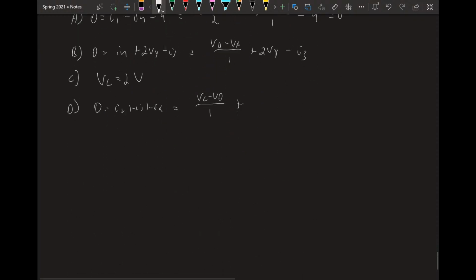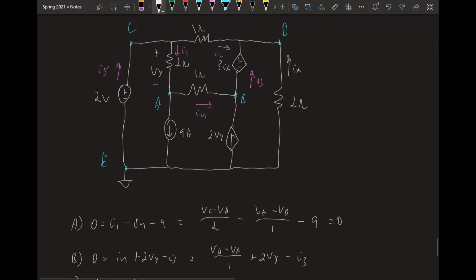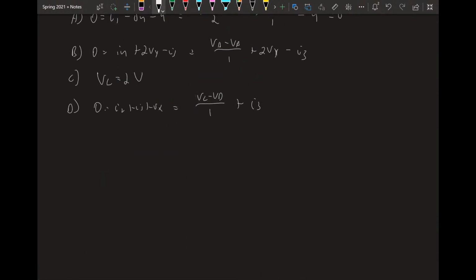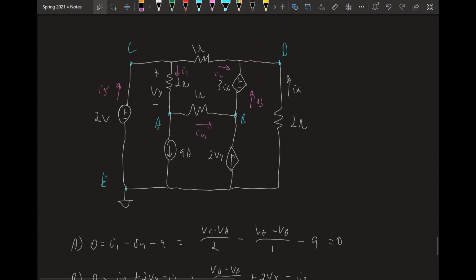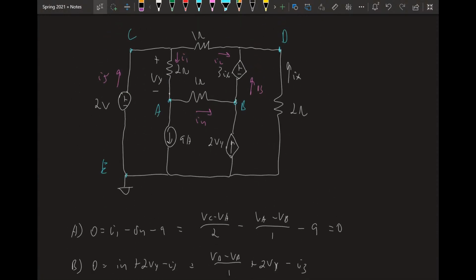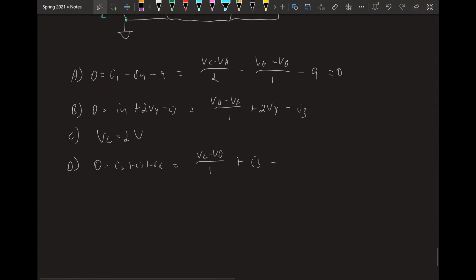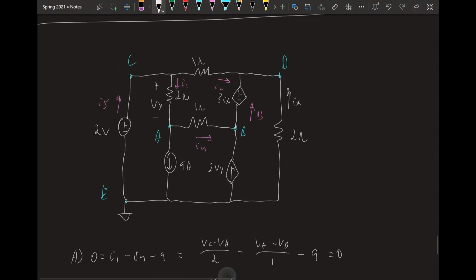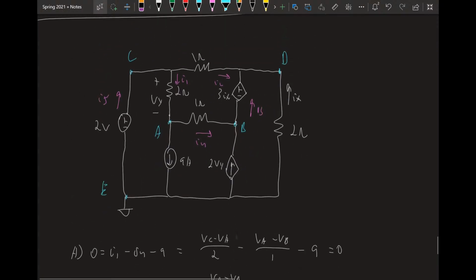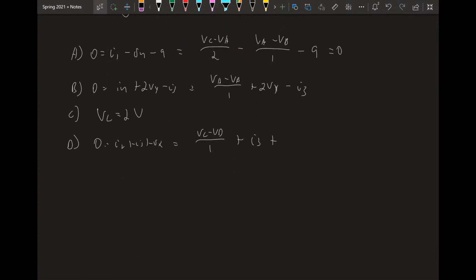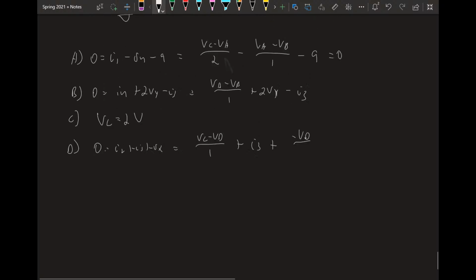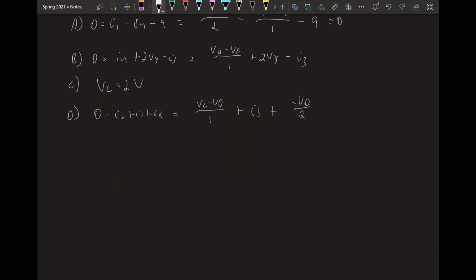Then plus I3, which again we don't know, so we're just going to write I3. And we're going to add IX. And IX is going to be ground, so 0 minus VD over that resistance, which is 2 ohms, right?